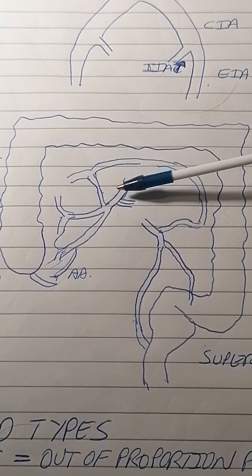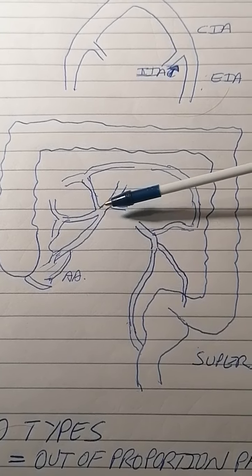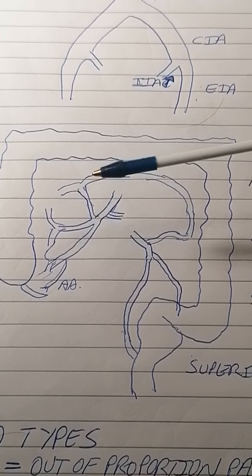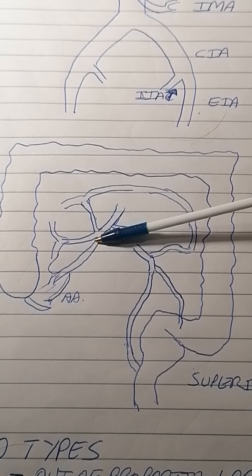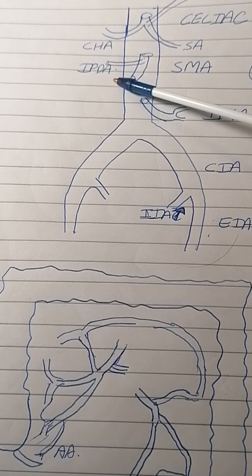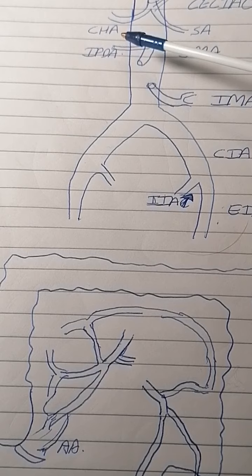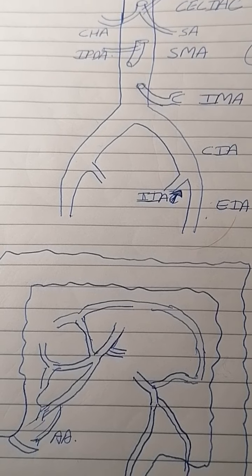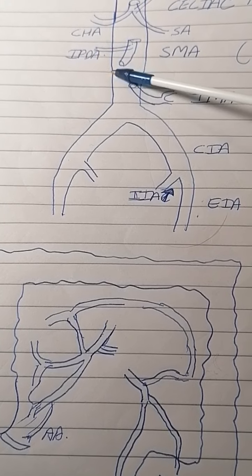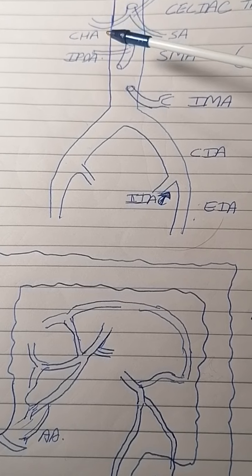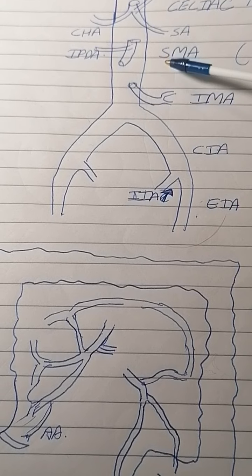So altogether, there are 5 branches of the superior mesenteric artery. Your first one was your IPDA, inferior pancreatico-duodenal artery, which further joins with your SPDA, which I already mentioned. It's a branch of SMA, whereas SPDA is a branch of your celiac trunk.